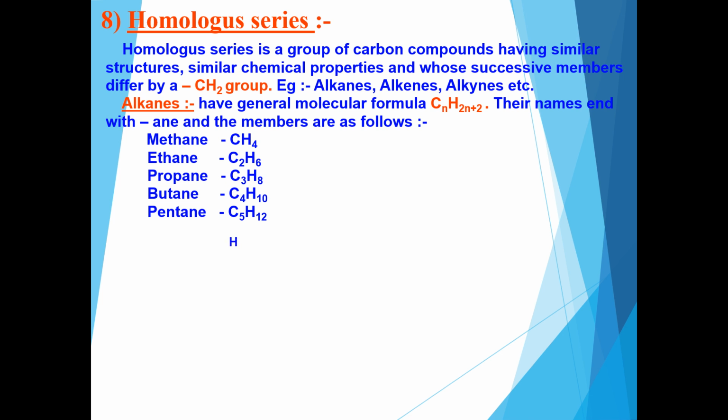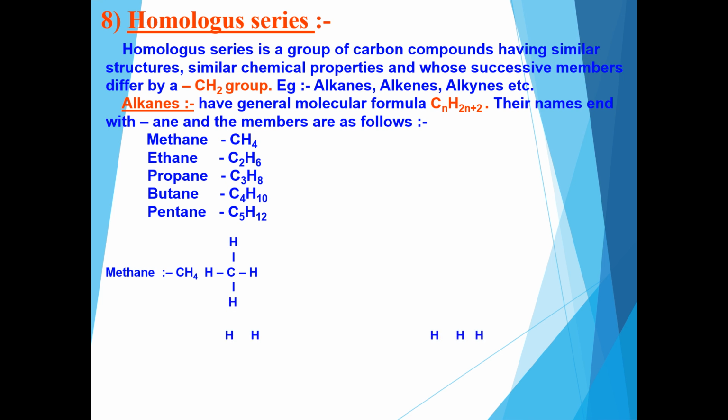You can make for hexane, with carbon 6, and all the members of alkanes, the formula you can derive by applying the general formula CnH2n+2. Let us see the diagram of methane.